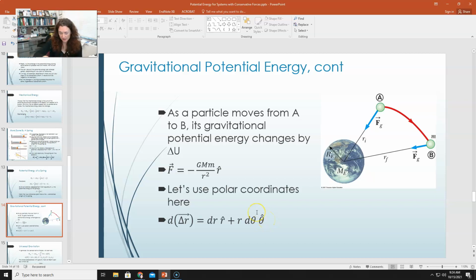Theta hat points along the path as the angle changes. So if it's a circle, for example, dr points along the radial direction, and theta hat would point along the angular change of direction as you move around the circle, okay? So that's going to be our little differential vector. We're going to use polar coordinates here, not Cartesian, because it's more convenient for gravitational potential energy.